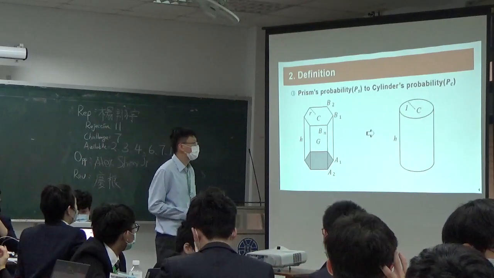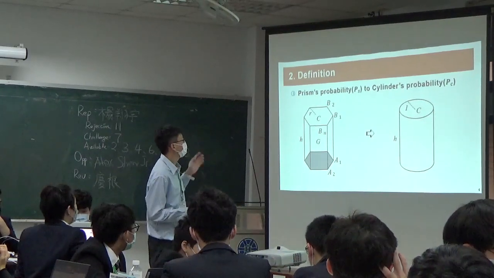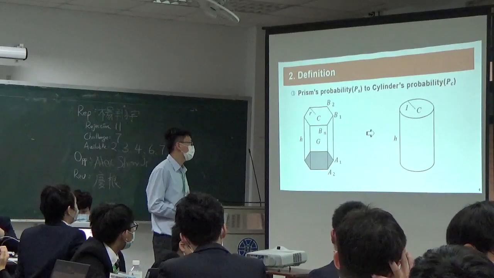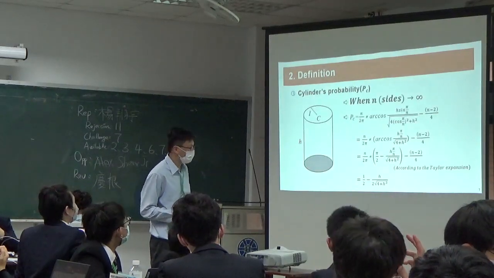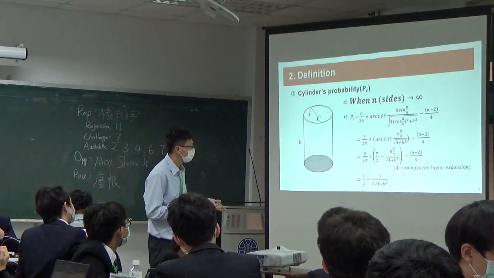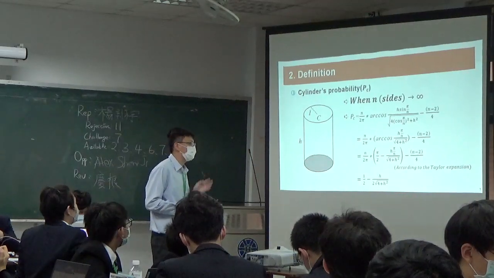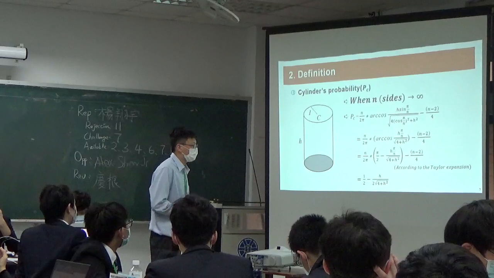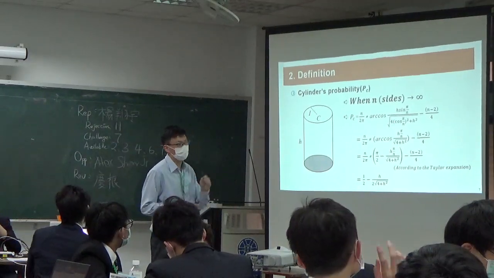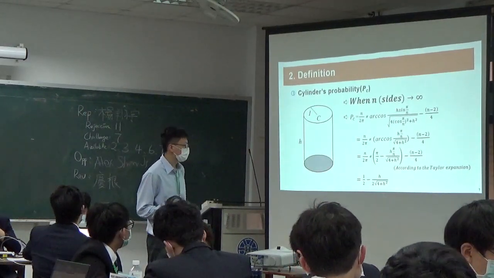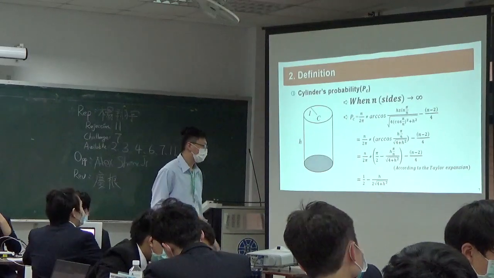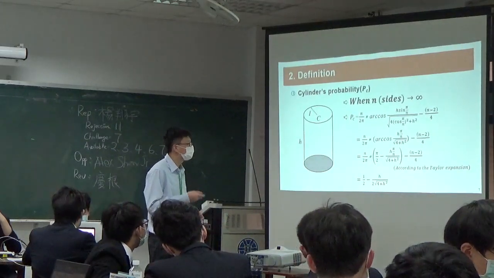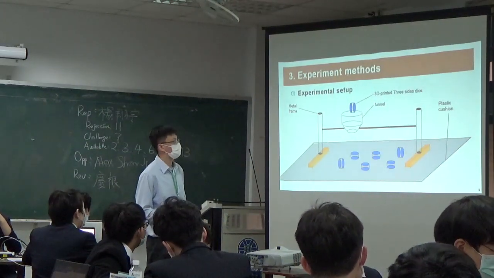And we want to calculate the cylinder's probability from the prism's probability. When n, the number of sides of the underside polygon, goes to infinity, that is a cylinder. According to the Taylor expansion and other mathematical calculations, we can get the final value of the probability.